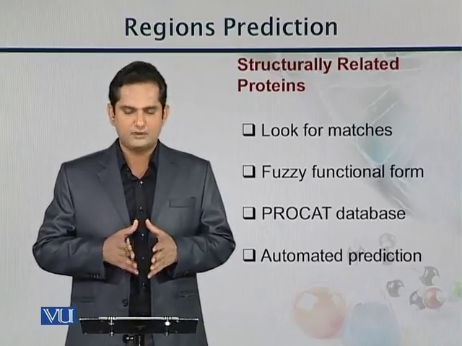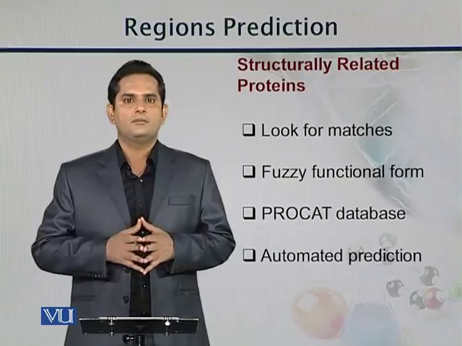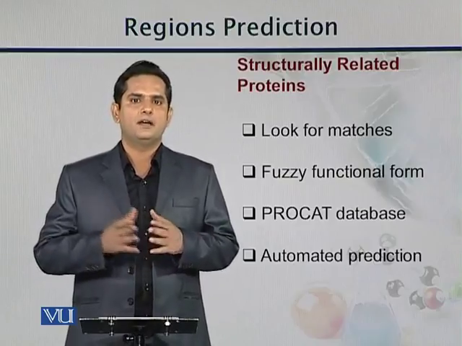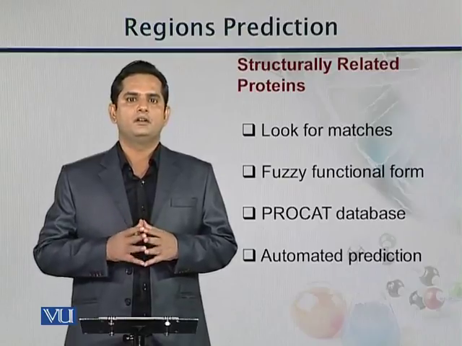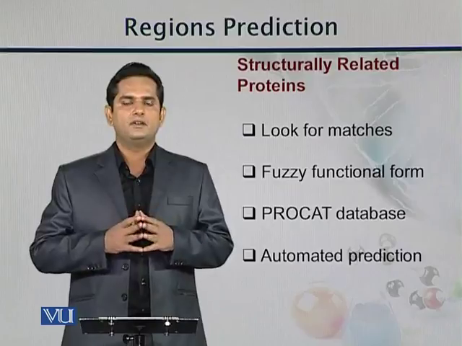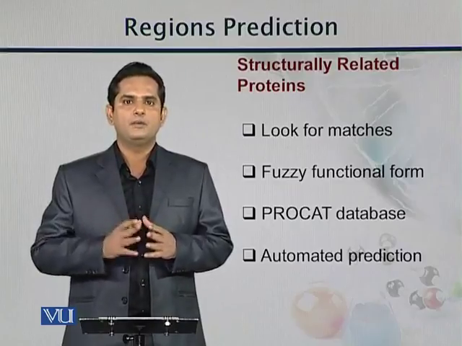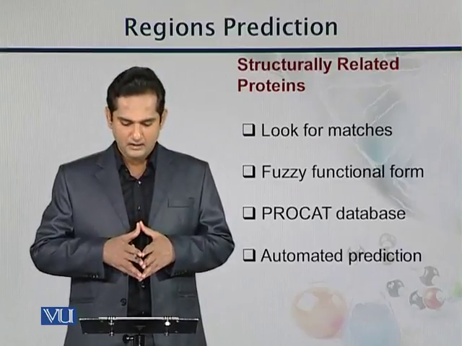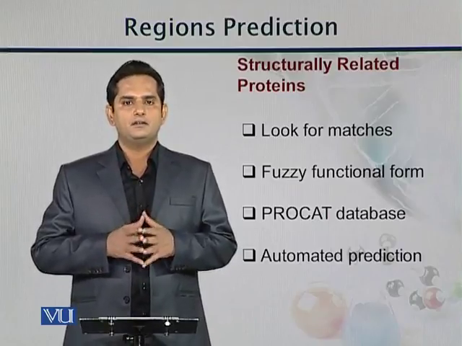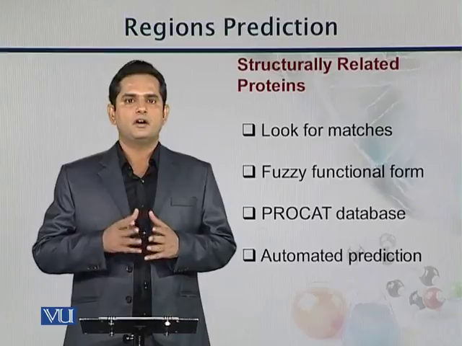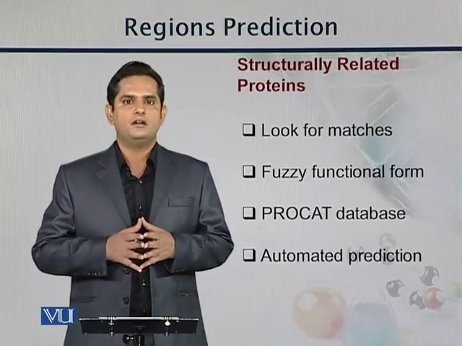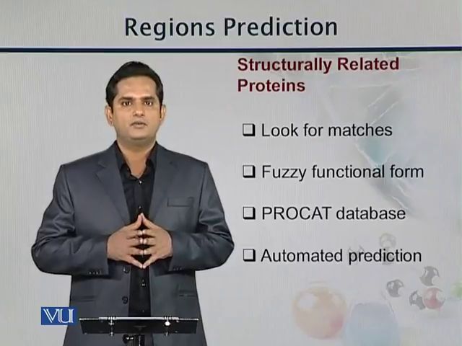Then we have fuzzy functional form. This is again similar to this comparison, but it is approximation only. We are not 100% sure that the sequences are similar, but approximately they are similar. Then we have the ProCat database. ProCat is basically a database of catalysts or enzymes, which are parts of proteins and help proteins in their functioning, but the major information is related to these enzymes.